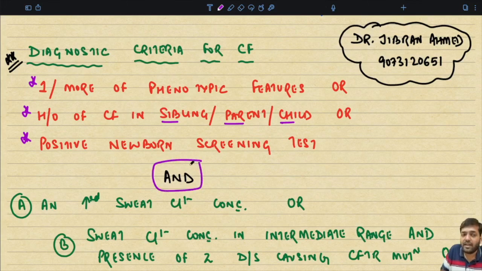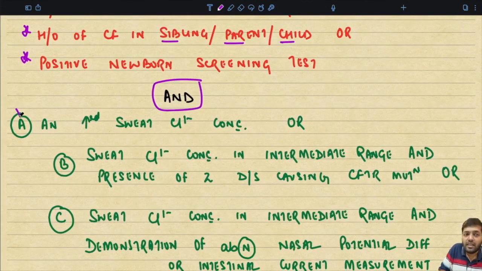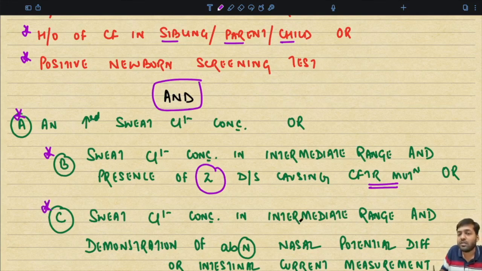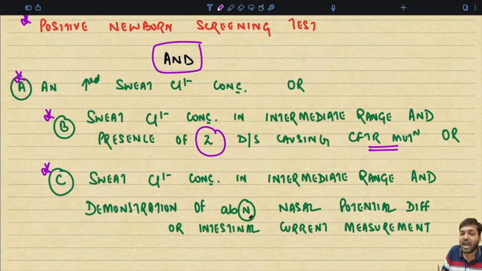Along with that, an increased sweat chloride concentration, or the sweat chloride concentration is in the intermediate range and there is presence of two disease causing CFTR mutations, or the sweat chloride concentration is in the intermediate range and demonstration of abnormal nasal potential difference or intestinal current measurement.